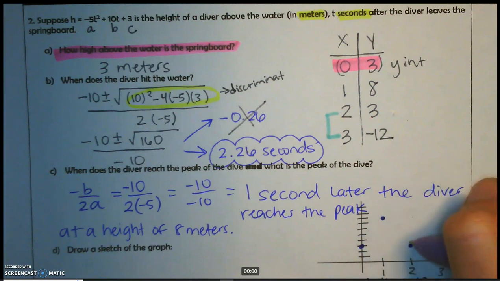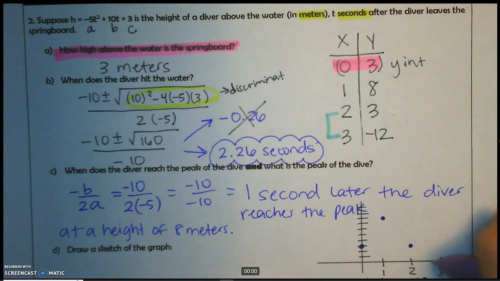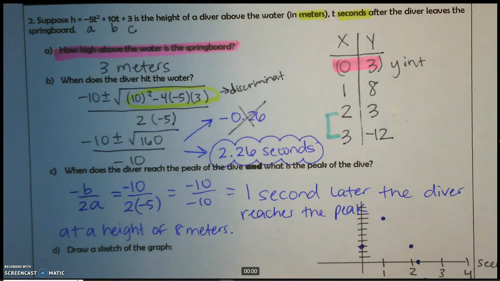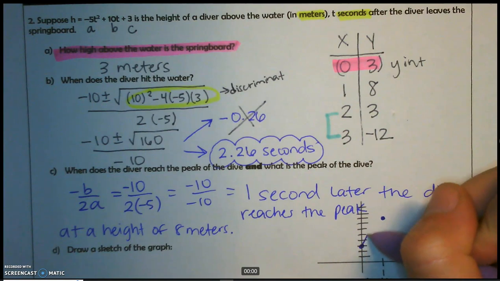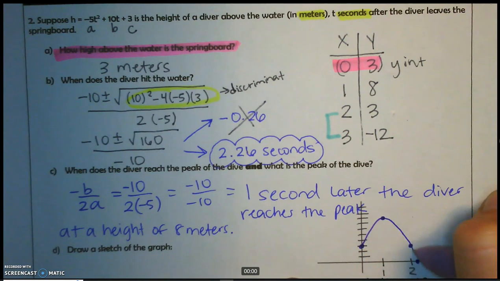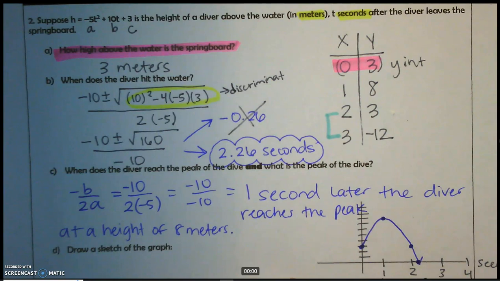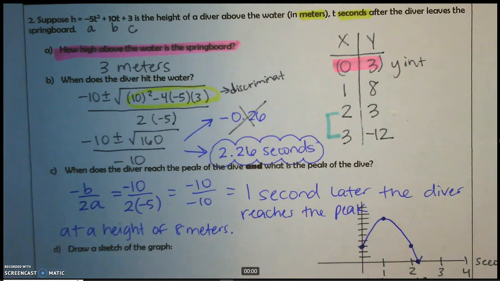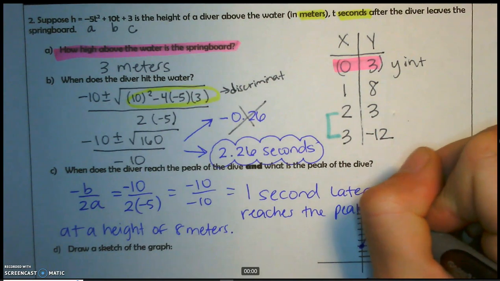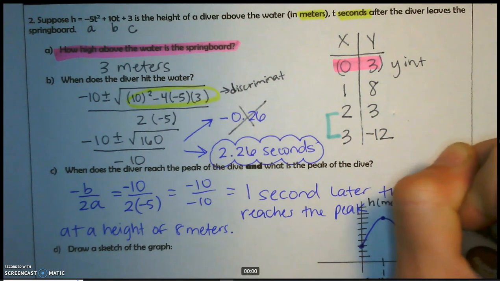So it's turning down here, and then it reaches the 0 or the x-intercept at 2.26. So just barely past 2 seconds. And I will label my y-axis as height in meters.